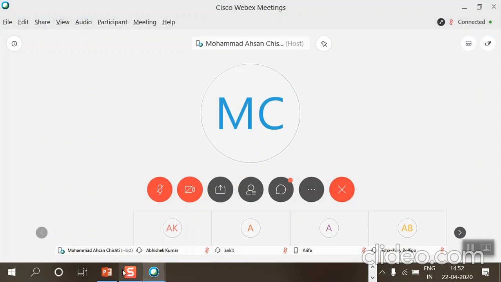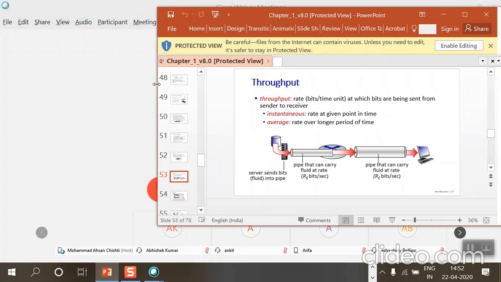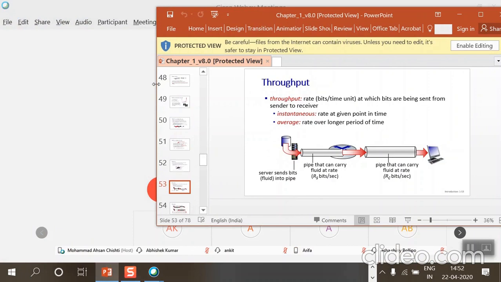Instantaneous is like, just now you check your speed of internet and you say, okay, this time I'm getting 1 Mbps. And average would be, over the period of the last one day, what was your internet speed? So they would average all the instantaneous throughputs and give you the average of these.